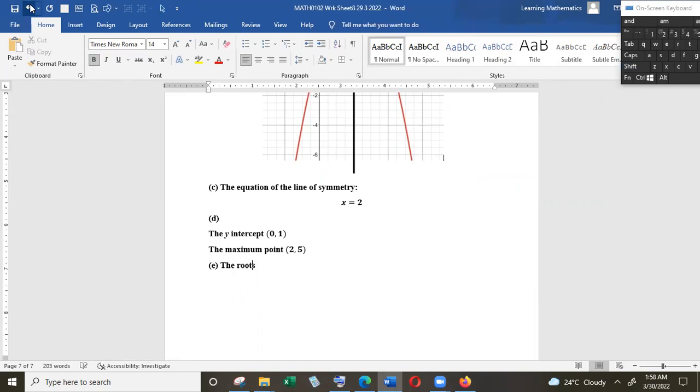The roots are the x-intercept. Right? That's y is equal to 0. Okay. And we've got 2 of them.